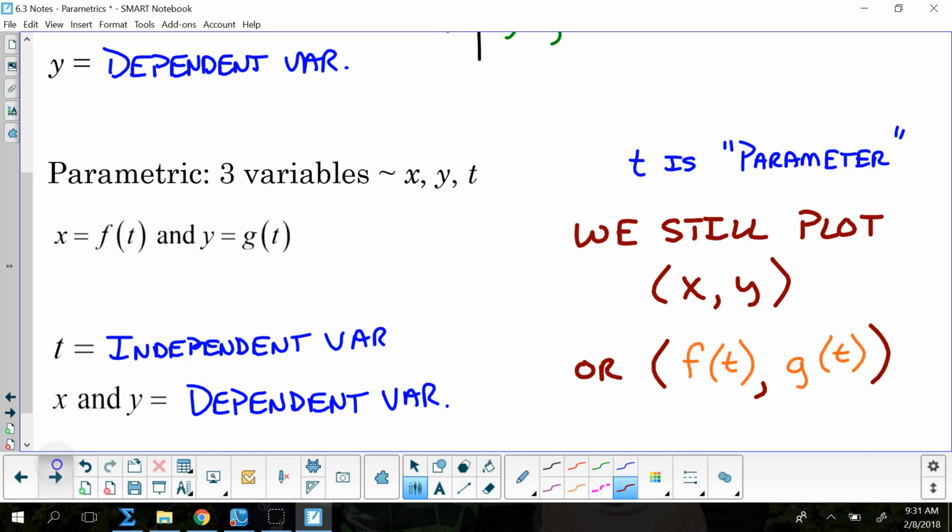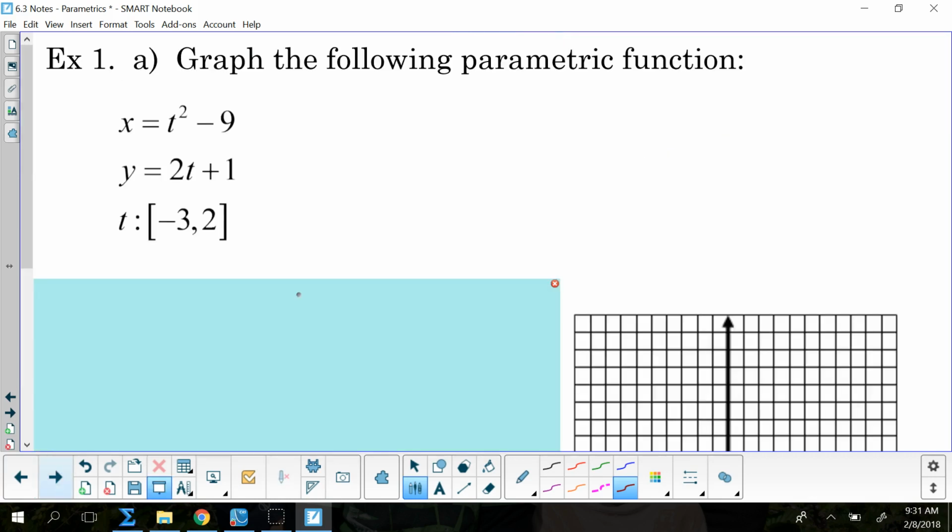Let's try a different parametric equation. We're going to graph this first by hand, then we're going to graph it on the calculator so that we show you how to graph them in both ways. So, there are 4 essential parts to a parametric equation. The first essential part is x defined as a function of t or theta or something else.